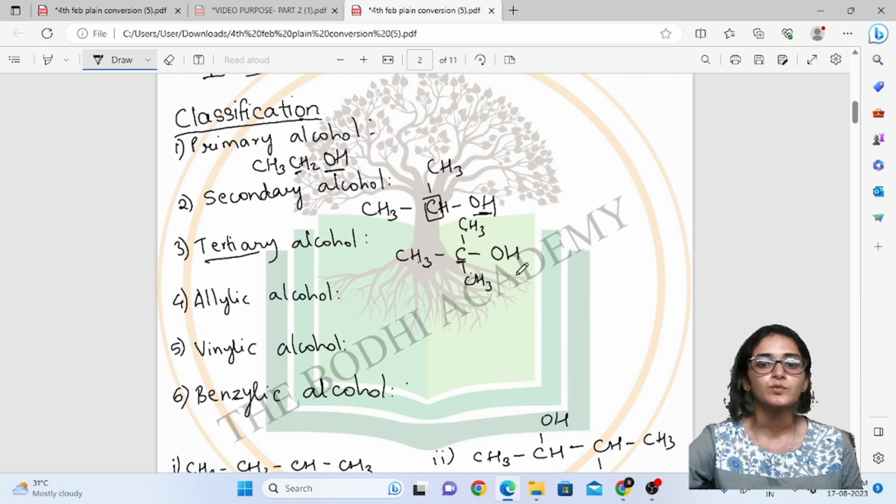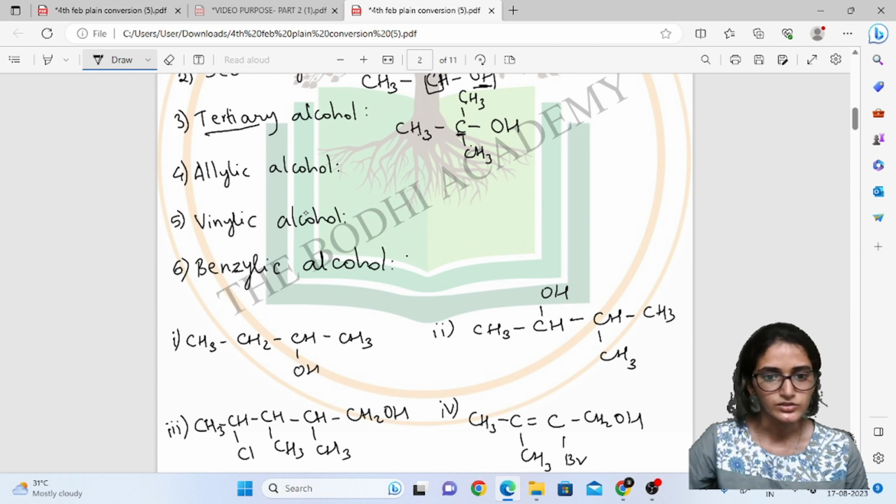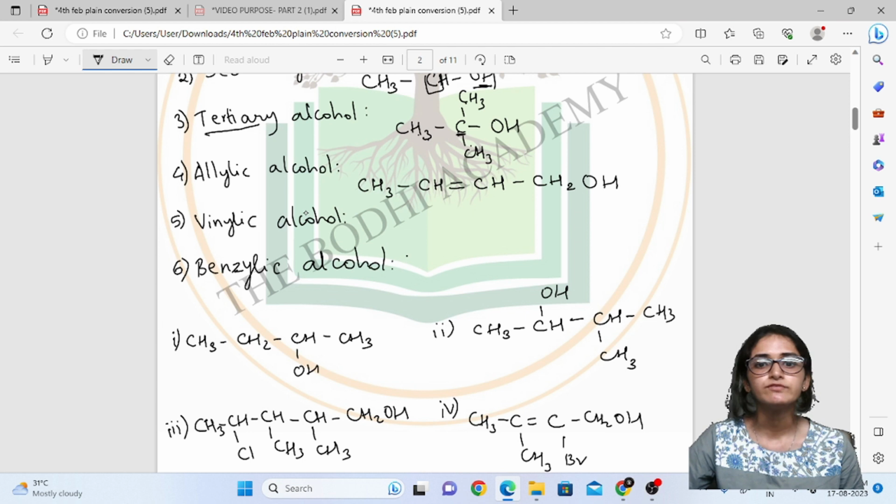The next one is allylic alcohol. I will write the structure here. If this is the alcohol, what you can see here is that this OH is directly attached to this carbon, and this carbon is further attached to a double bonded carbon.